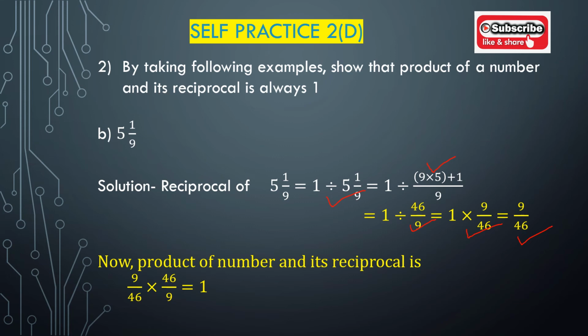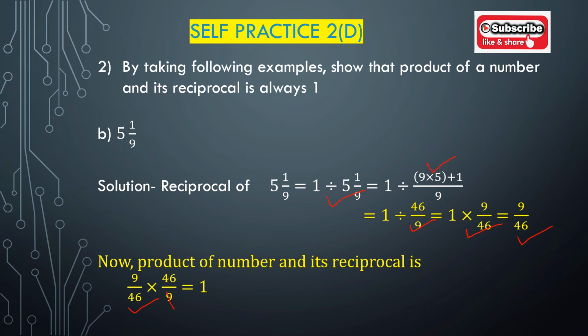Now we have to show the product of a number and its reciprocal is always 1. So the product of this fraction 5 1 divided by 9, that is 46 divided by 9, with its reciprocal 9 divided by 46.